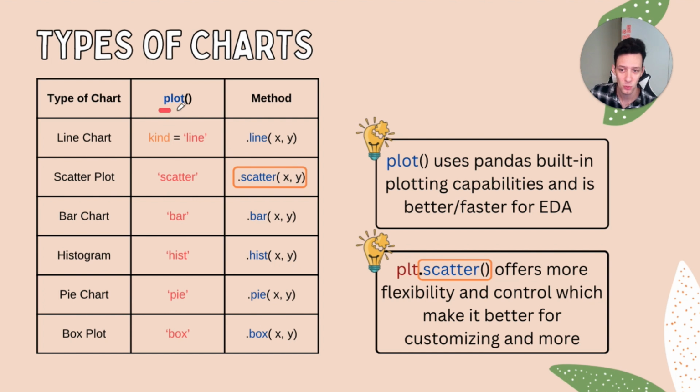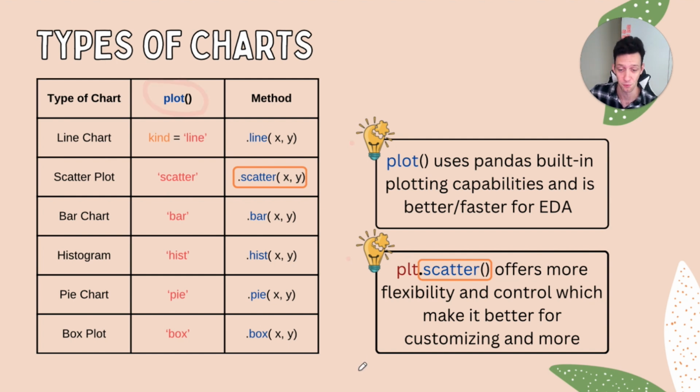If we create a plot and I want to create a scatter plot, inside plot I would just say kind equals scatter. Or maybe I want to plot the kind of a histogram, so kind equals hist. Everything we've talked about so far is done with plot. And you can see these light bulbs.